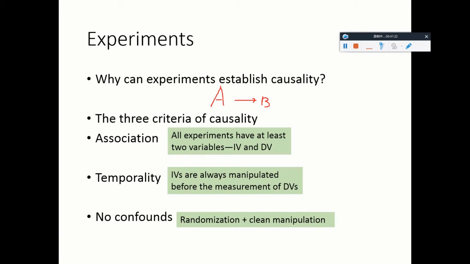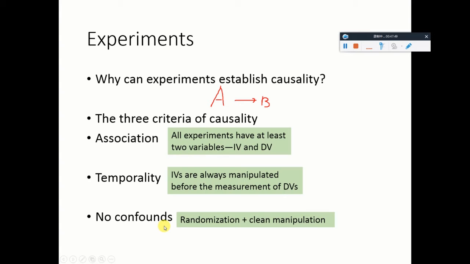And because each group has equal amounts of extroverts and introverts, the effect of personality traits, the effect of extroversion versus introversion, will cancel each other out. And therefore, this potential confound of personality traits will be ruled out, and that's ruling out one important source of confounds.